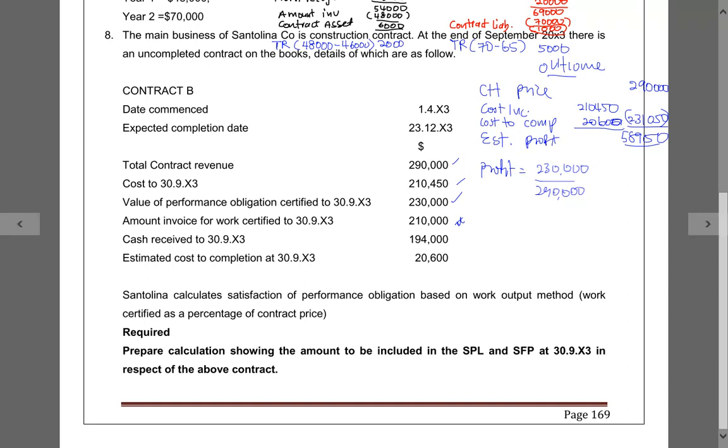Therefore, based on this percentage, the profit that can be recognized will be $46753.